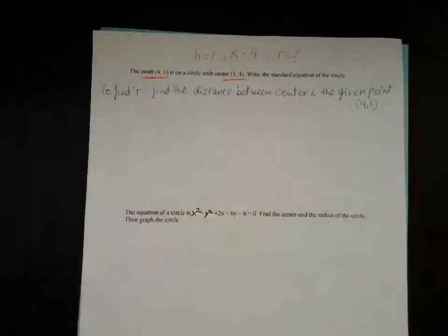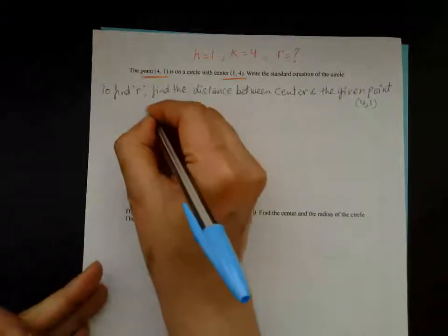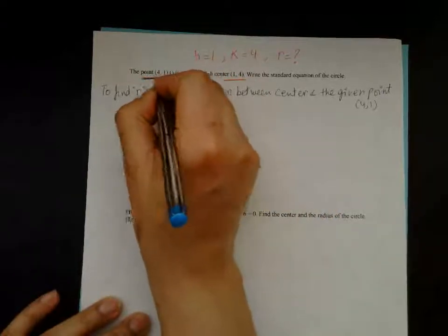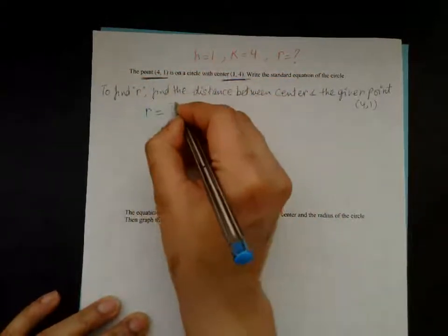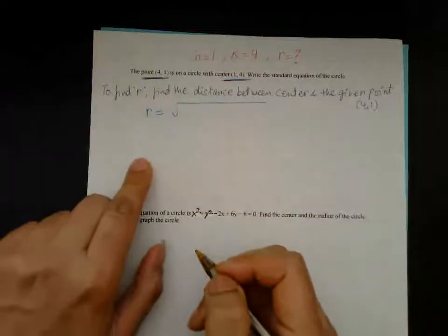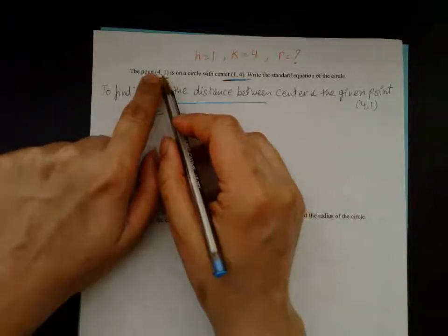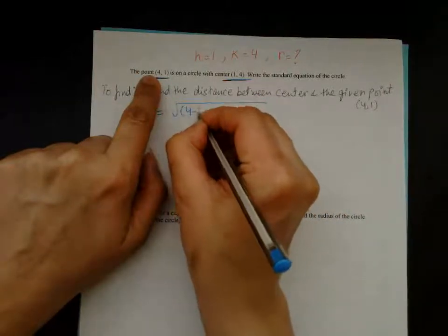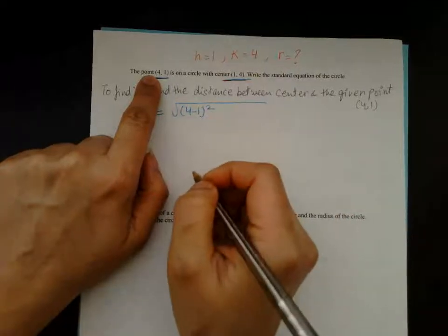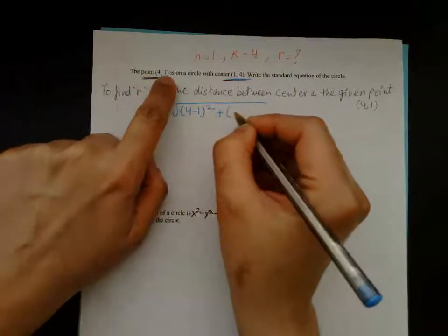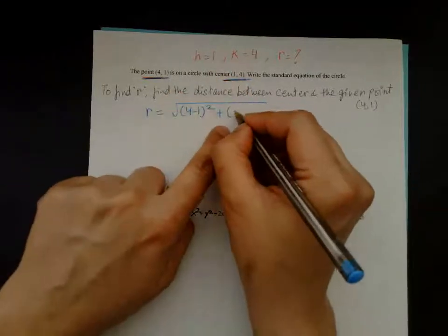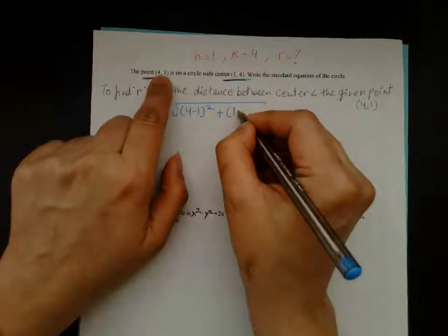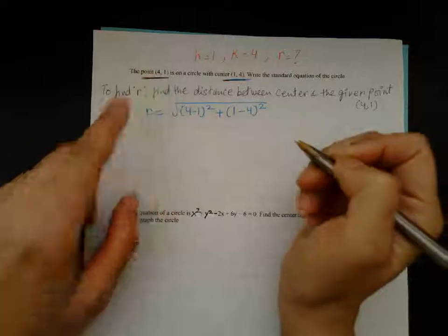I can say r is equal to, we have these 2 points, right? Inside the radical, x2 minus x1, 4 minus 1 squared, plus y2 minus y1, or x1 minus x2, you can read whichever way you want, 1 minus 4 squared.